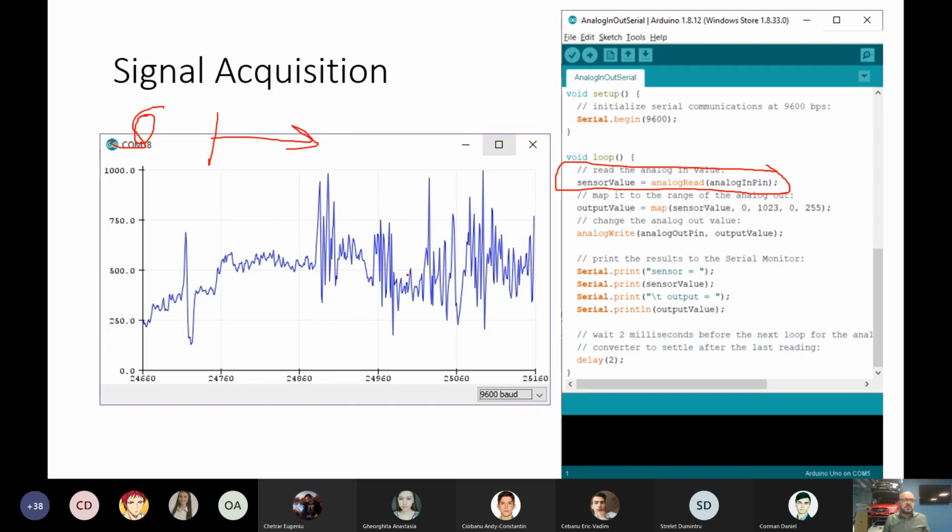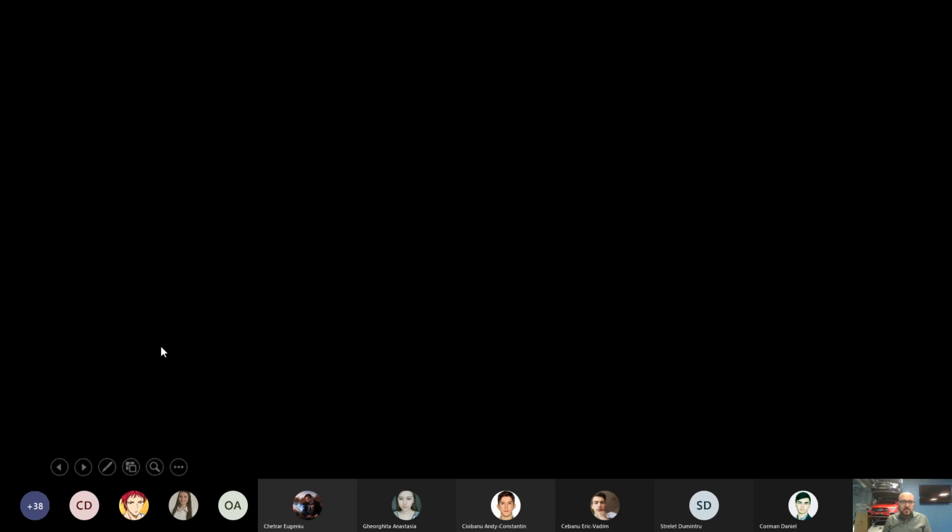For the other interfaces, we can do serial read or parallel read. Analog read and digital read are the software interfaces that gather the raw information.